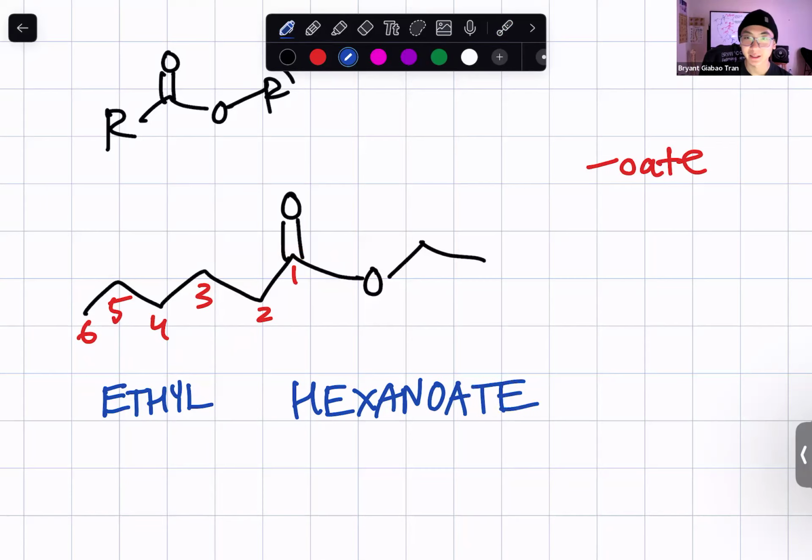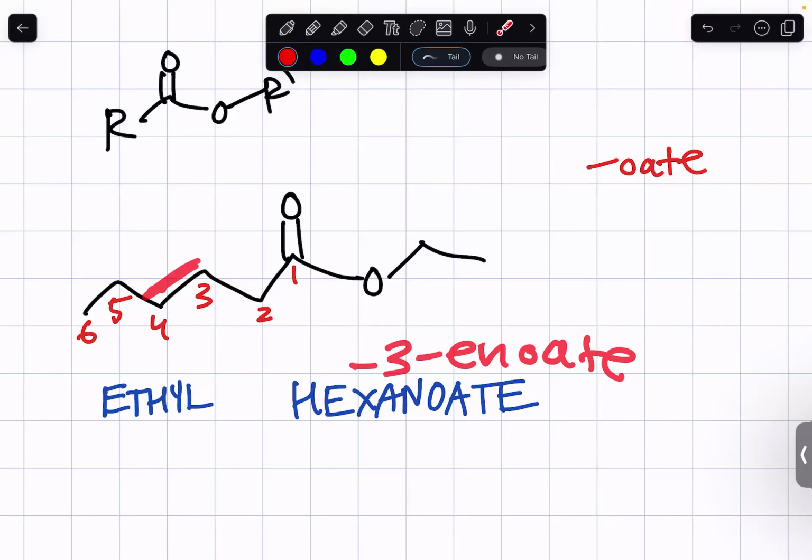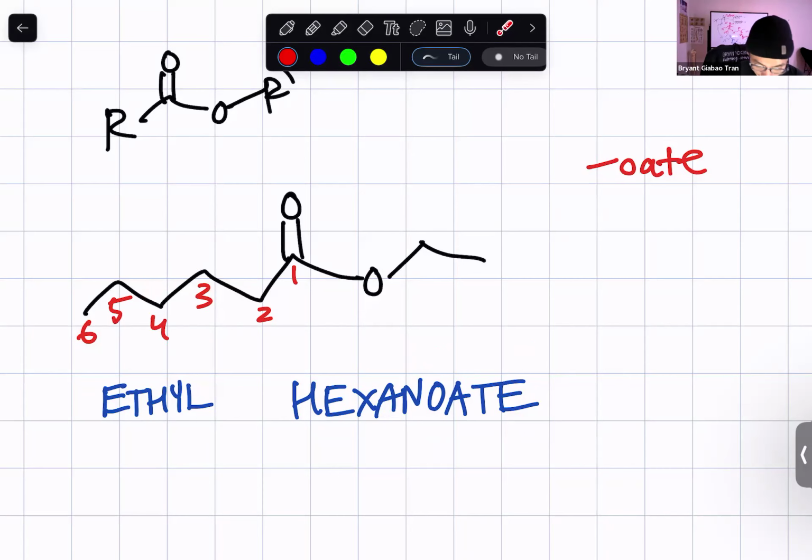So the "ane" is for the alkane and "oate" for ester. Yes, that's right. If there was an alkene somewhere, then there would have to be a number representing where the alkene is, like 3-enoate. And that would look like this right here.